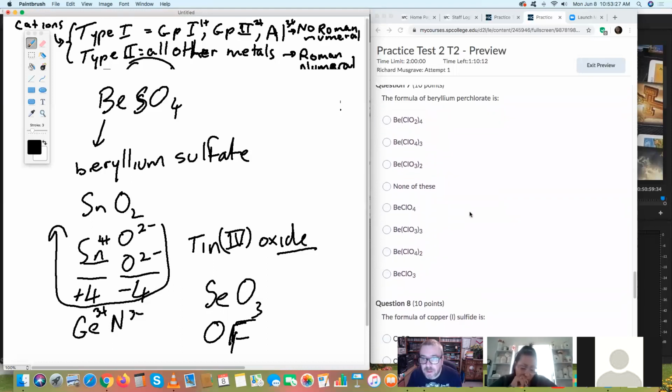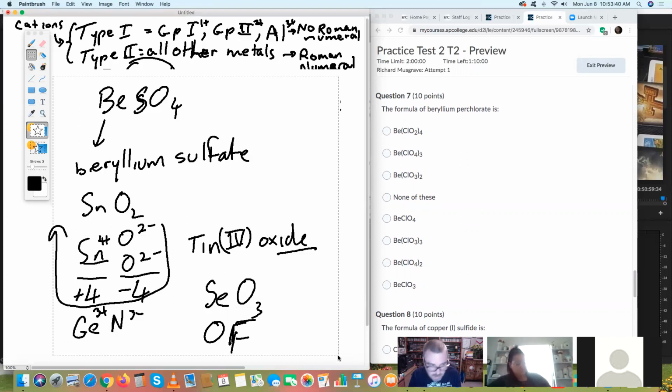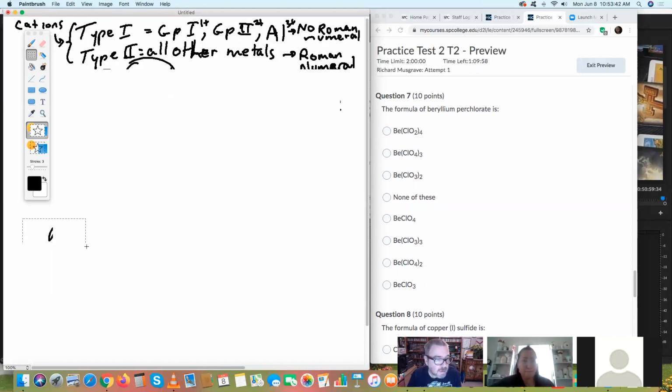Okay. Let's look at this one, beryllium perchlorate. This is why it's important to know what we knew earlier about those charges. If we're looking for beryllium perchlorate, it's important to know what the charge on beryllium is.